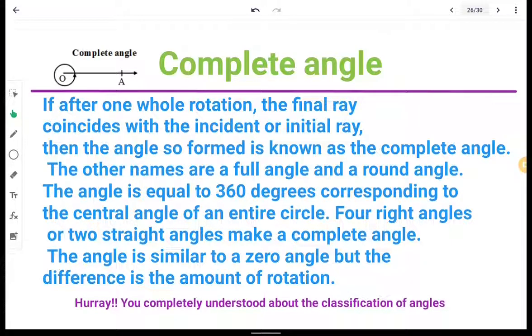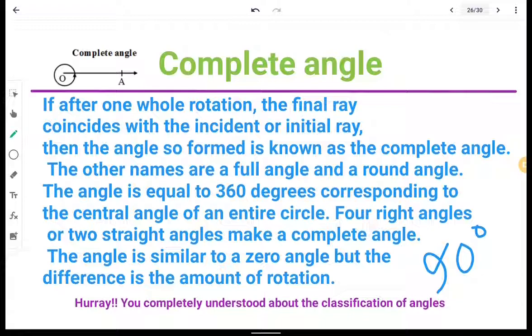Why is it called a round angle? Because it's the shape of a ball and it's round, obviously. The angle is equal to 360 degrees, corresponding to the central angle of the entire circle. So tell me, how many right angles can make a complete angle? What is the measure of one right angle? One right angle is equal to 90 degrees, so what is 360 divided by 90?